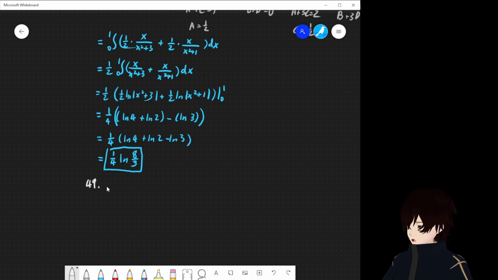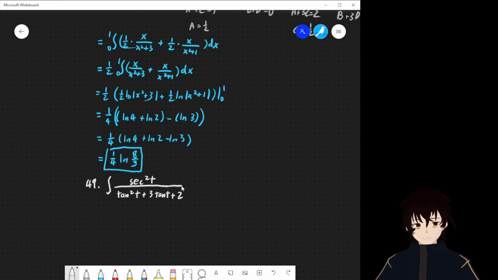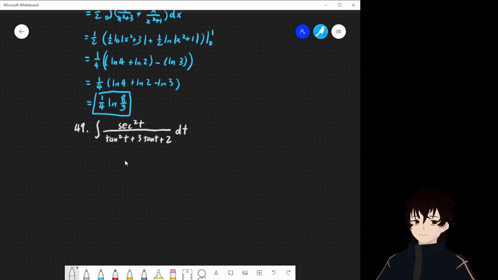would like to know the integral of secant squared t over tangent squared t plus 3 tangent t plus 2 dt. Looks hard, but nowhere as hard as it looks.